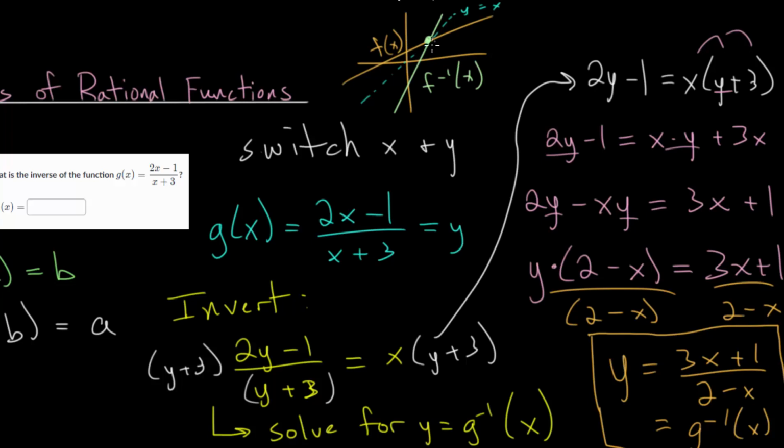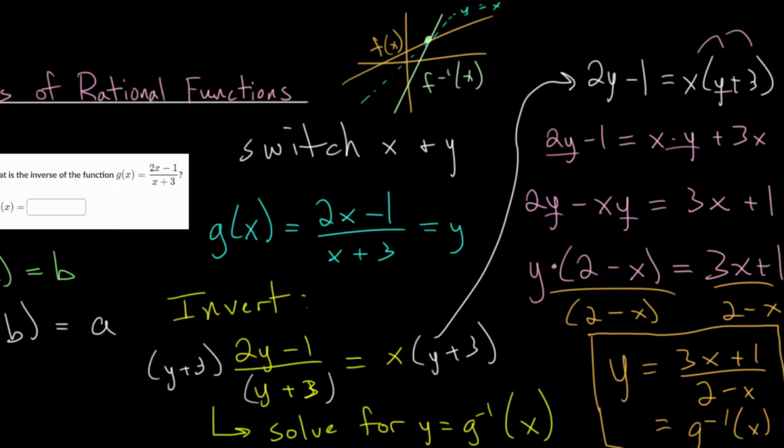They will always intersect at the line y equals x because when you switch x and y at that point, it doesn't affect anything. So if this was the point (2, 2) and you switch x and y, they are still both 2 and 2. So you will always see this geometric symmetry here, and you can check this using a graphing calculator.